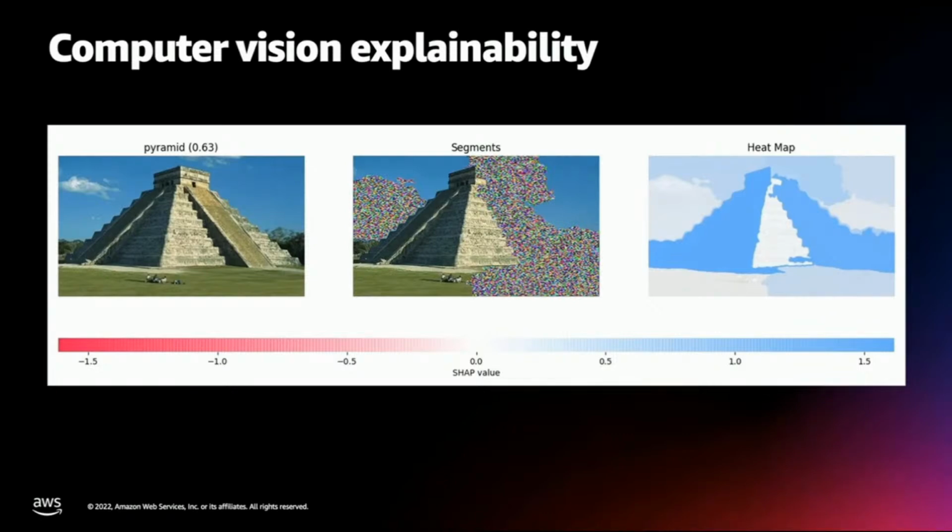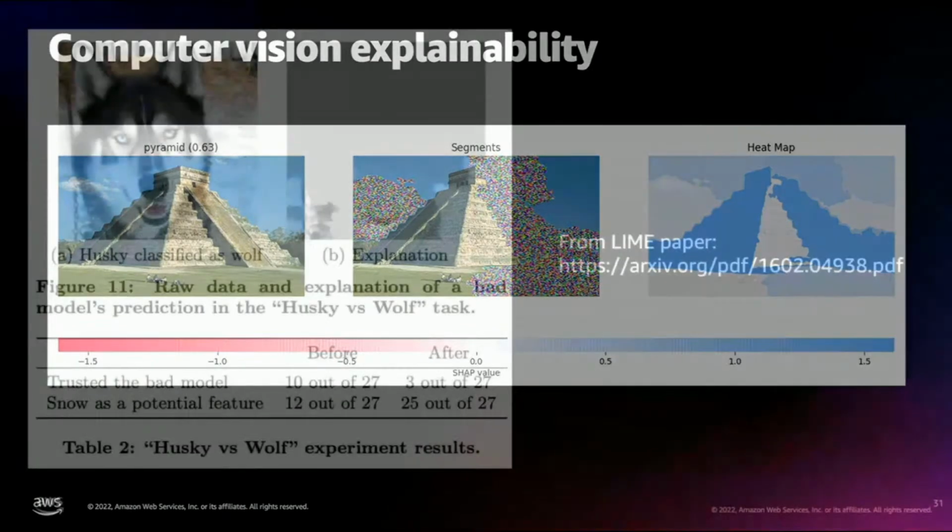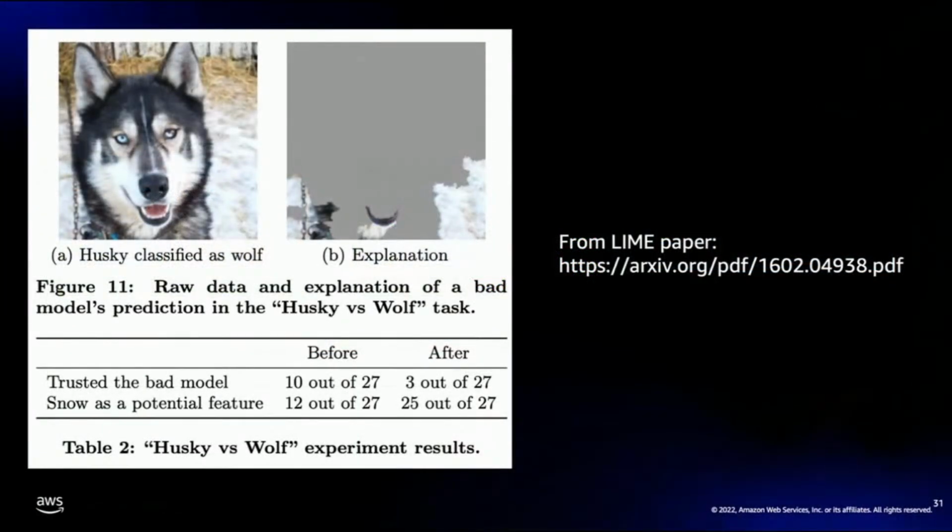But I'd like to show you another interesting example from the literature, just to see and reinforce why such explanations are useful. So this is taken from a paper on Lime, which is a related technique to SHAP.